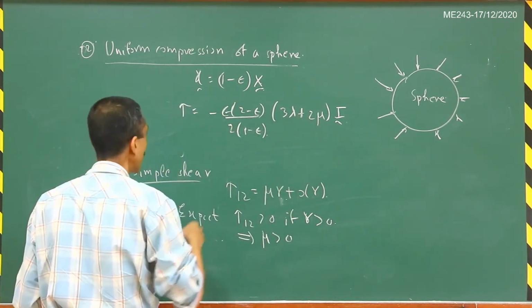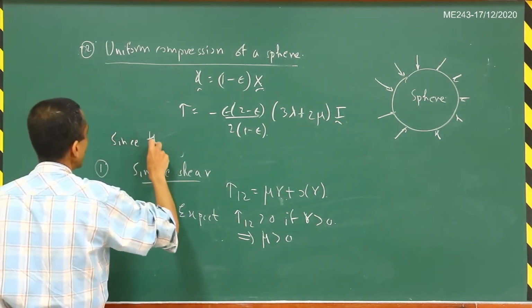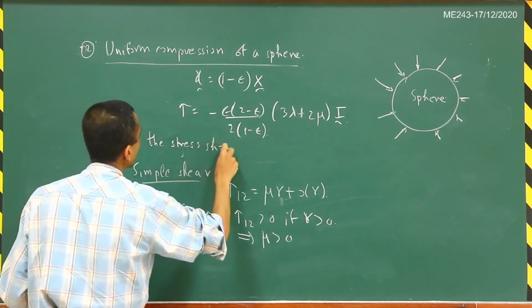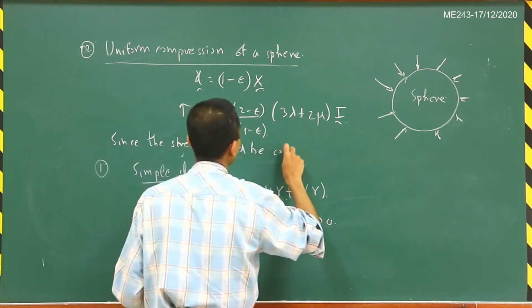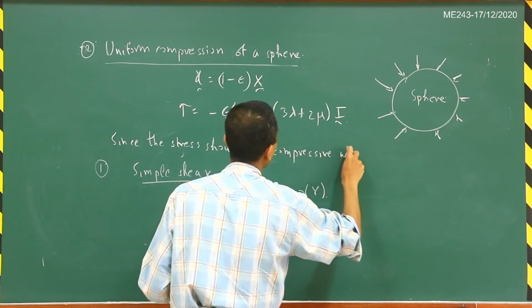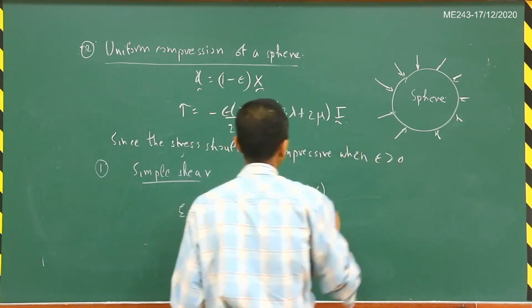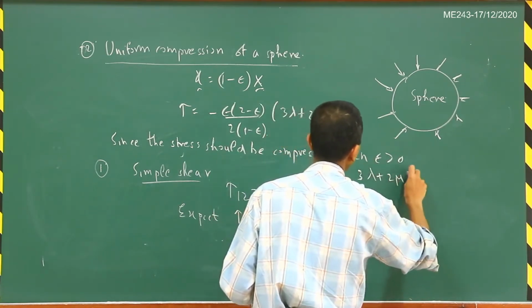So since the stress should be compressive when epsilon is greater than 0, that is why this 3 lambda plus 2 mu should be greater than 0.